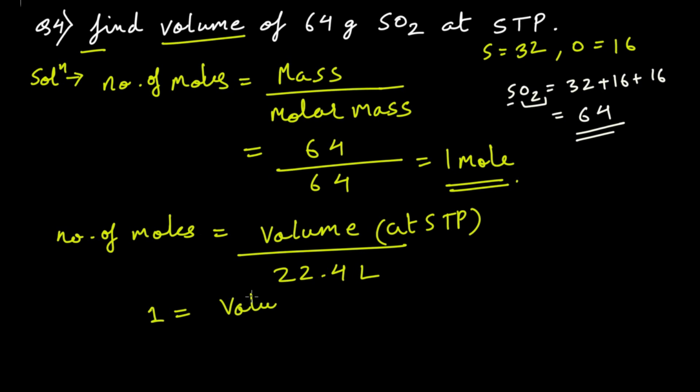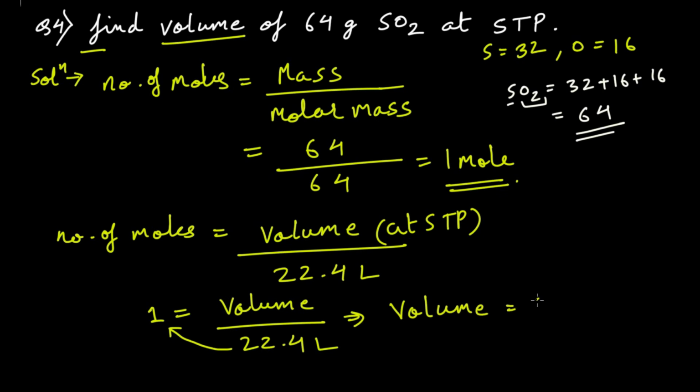Volume upon 22.4 liter. Take it to the other side, you will get volume is equal to 22.4 liter. So 64 gram of SO2 will be equal to 22.4 liter at STP.